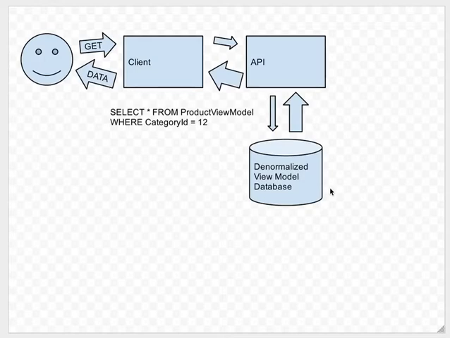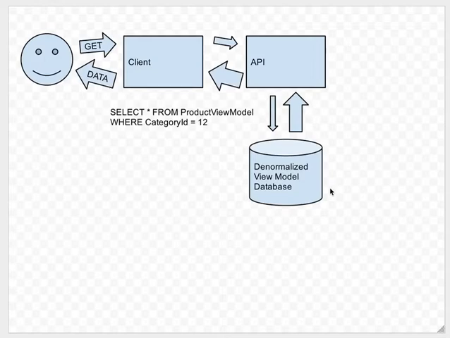So let's say we're talking about Amazon.com, and there's a products page where you can view all the details for several products. This denormalized view model database would have all 15 columns that are needed to populate the data on that page.